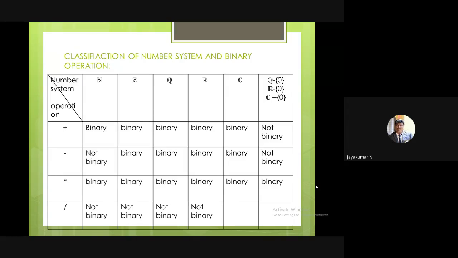Any real number by 0, definitely it's infinity. Similarly C, that is also the set of complex numbers, and the division is not binary because any complex number by 0, that is infinite. Then now tell me for the last case, division is possible in Q minus 0. If you choose two rational numbers, just divide it. The resultant is a rational number.